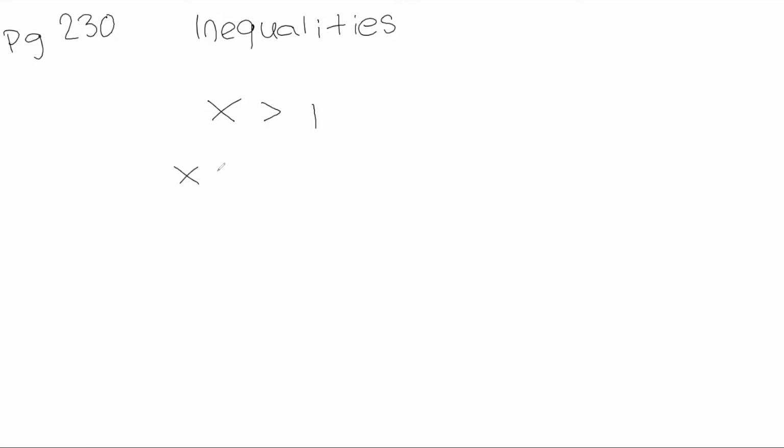If x is 2, this is a true statement. If x is 3, this is a true statement. If x is 1, that's not a true statement because 1 is not greater than 1. If x is 0, that is a false statement as well.